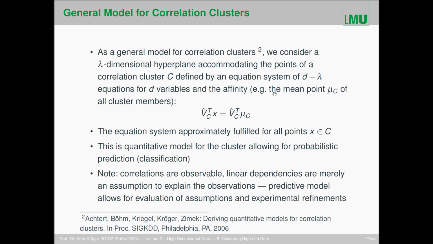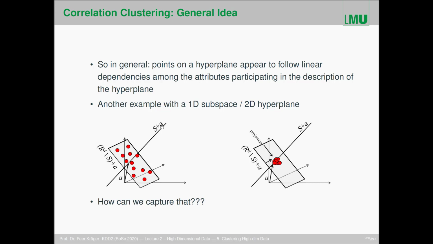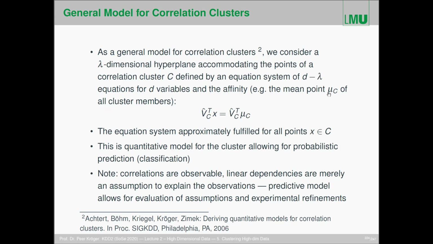For example, we could use the affinity from the origin, or we can use, for example, the mean vector of all the points of the cluster. Yeah, and then the equation system looks like this one here.